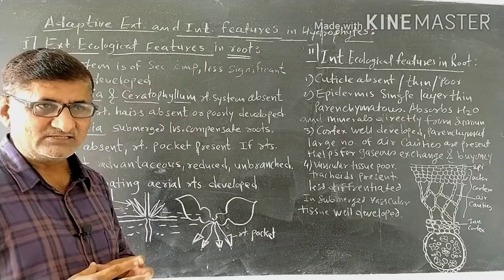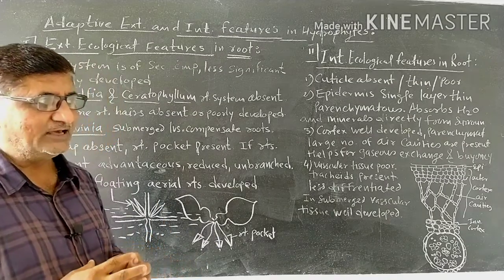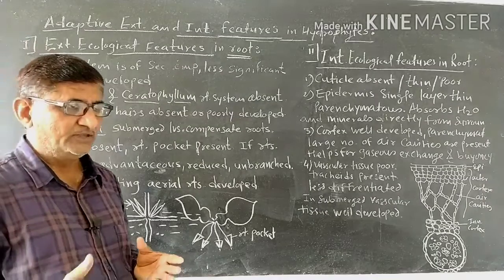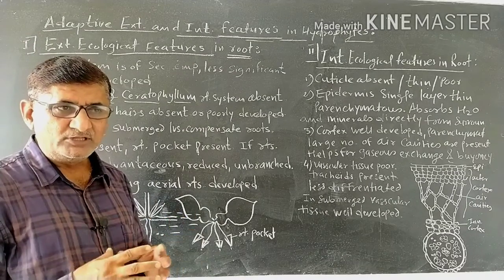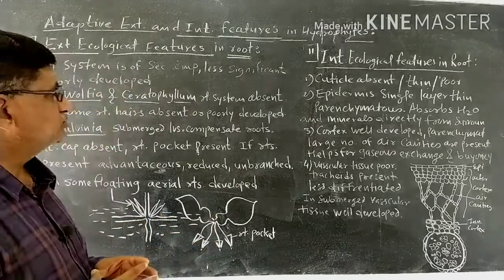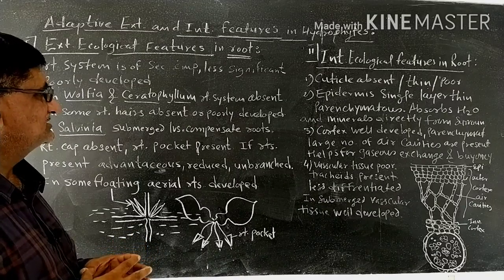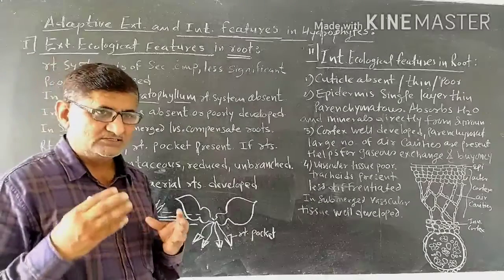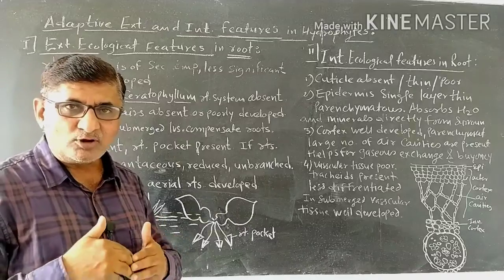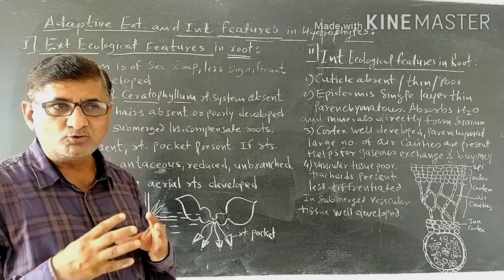Hydrophytes are plants that grow in plenty of water, or in such an environment where water is present surrounding them. So in hydrophytes, in their different parts like roots, stem and leaves, what kind of adaptive characters are developed, that we want to see.